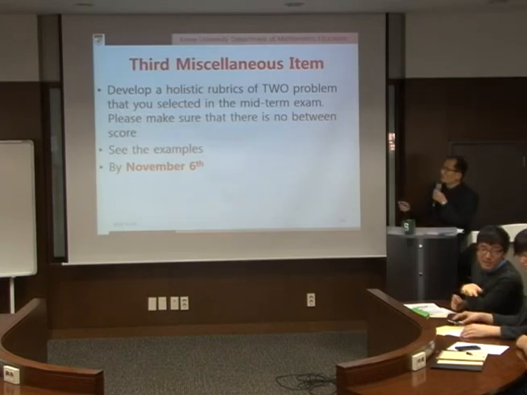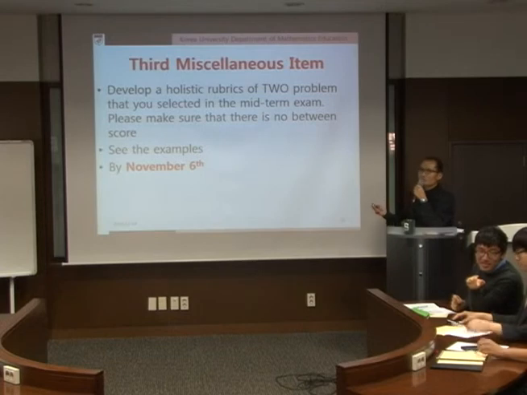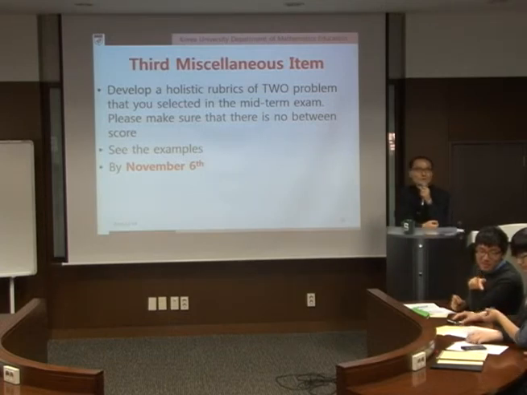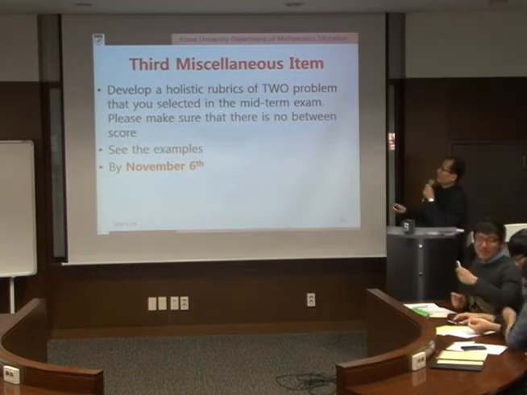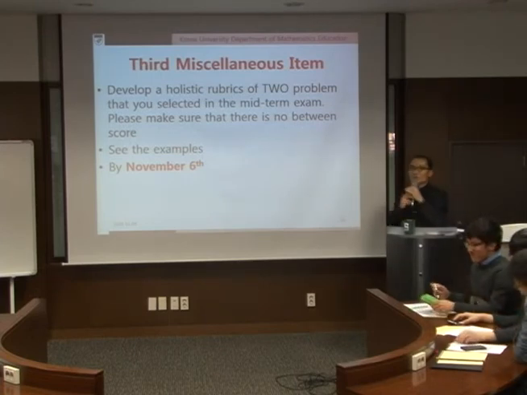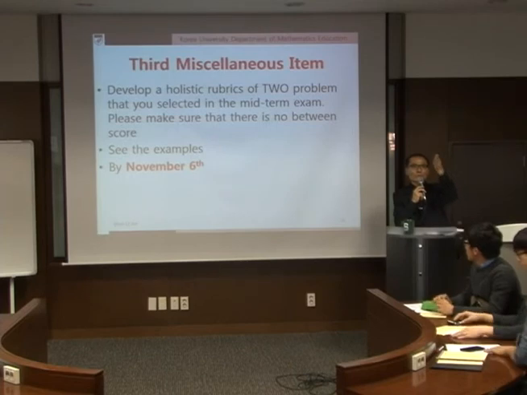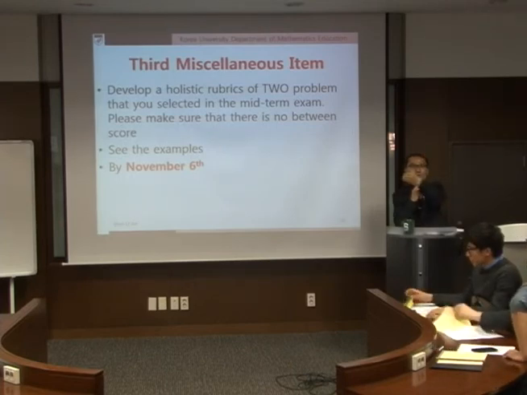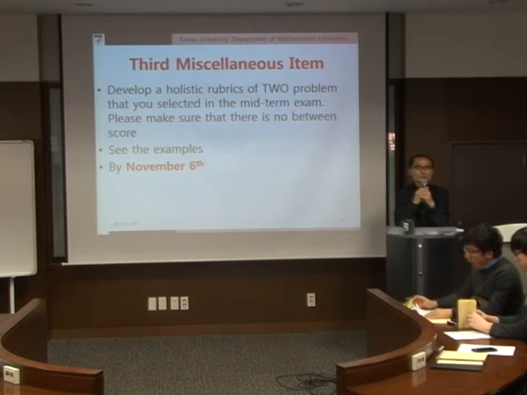Develop holistic rubric of two problems that you selected in the midterm exam. How many problems in the midterm exam? 24. So you can select only 2 out of 24. And please make sure there is no in-between score. In other words, for instance, if you were to consider 0, 0.5, 1, but some problem can be 0.8 or 0.2, this is not a good rubric, okay?